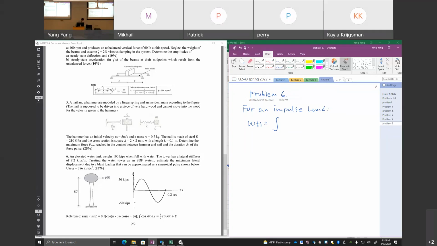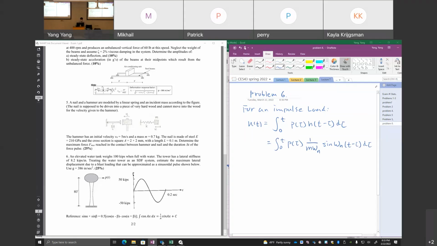The steady state for an undamped system should be equal to the integral from 0 to t of p(tau) times h(t minus tau), where the unit impulse response h(t) is equal to 1 over m omega n times sine omega n (t minus tau).